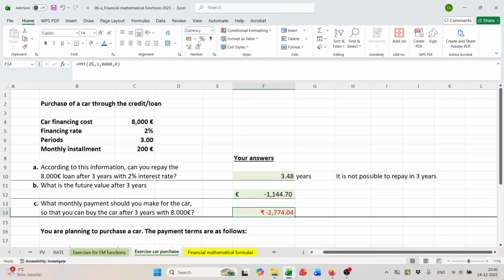So we have to pay this amount per year. Let's calculate it for the month. For the month we have to divide it by 12. So we have to pay 231 euro every month, not 200 euro. If we pay 231 euro every month, our future value will be 0 after 3 years. That means we will completely pay 8,000 euro.